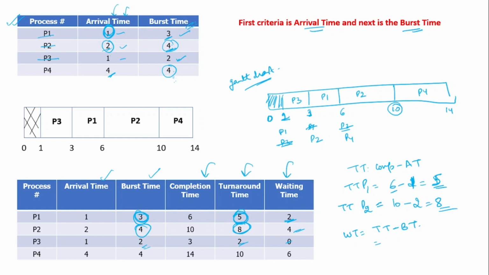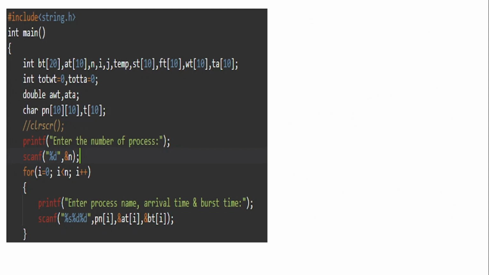Now next important thing is the coding part, that how you need to code and run the shortest job first non-preemptive version. Now again quite the logic, some input and output is obviously the same here. So you can see this is the code here, the main function. Under the main function I have several declarations.